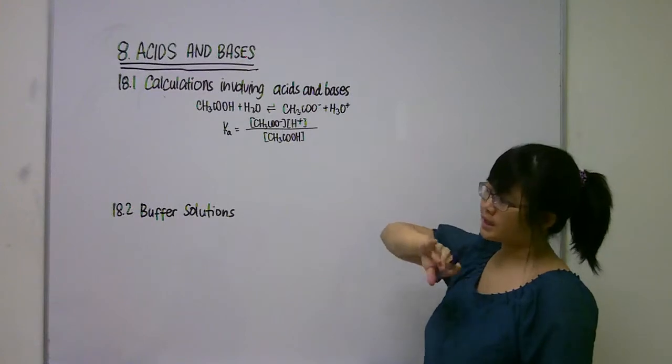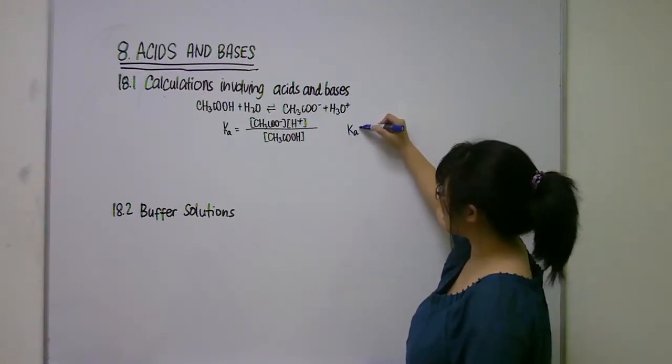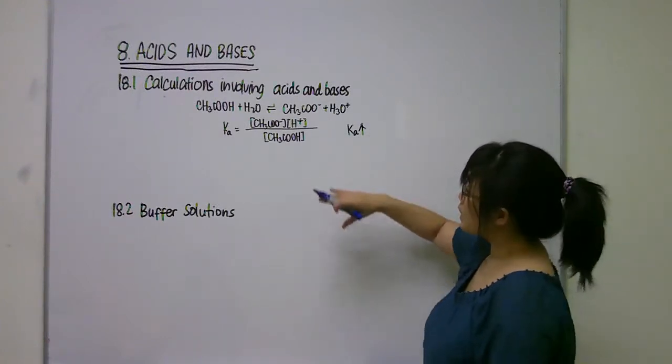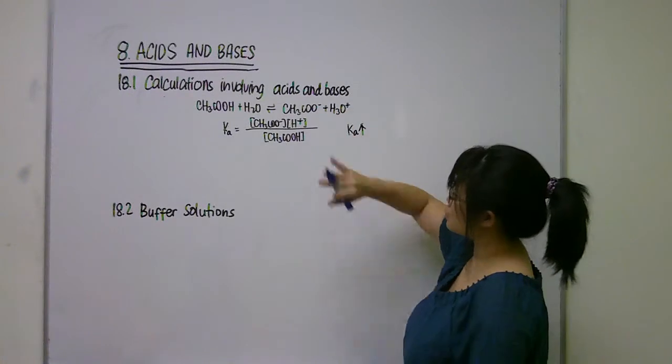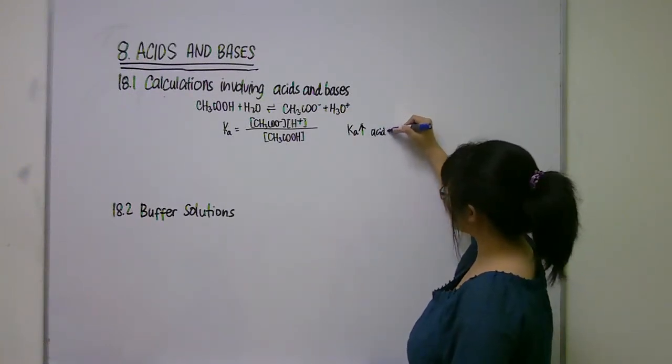So if the extent of dissociation is greater, you will end up with a higher Ka. Correct? Because when the Ka is higher, you will have greater dissociated product. So when the Ka is higher, the acid is stronger.